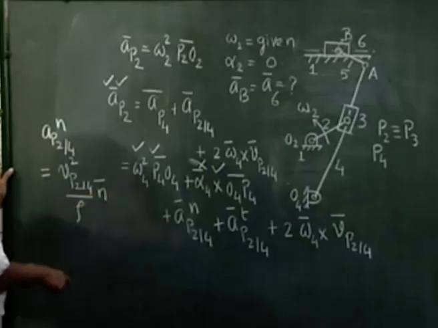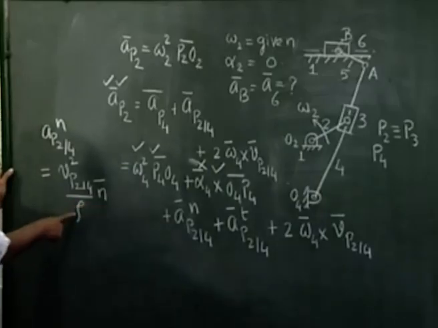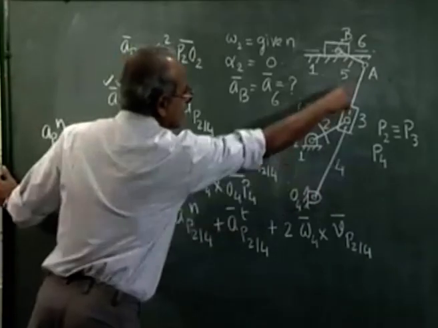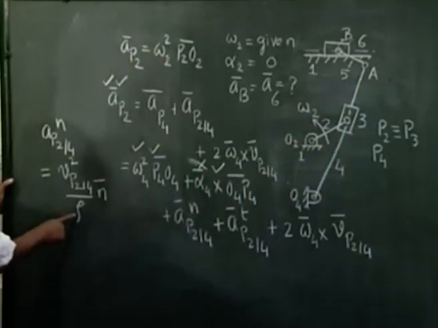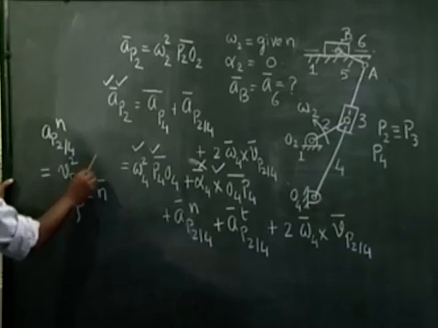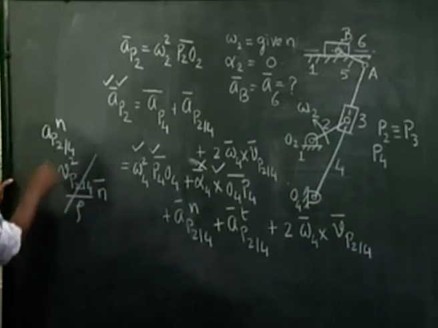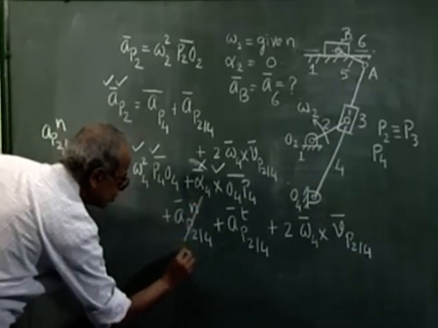Now, for this particular case, because the path is a straight line, the radius of curvature of path is infinity, so rho is infinity, so this is 0. So, this goes to 0.